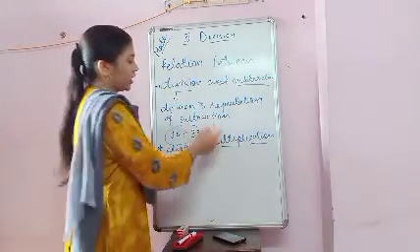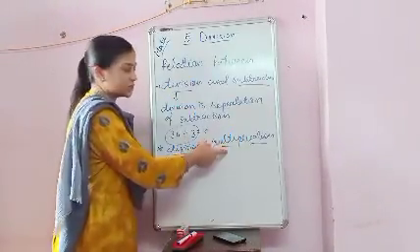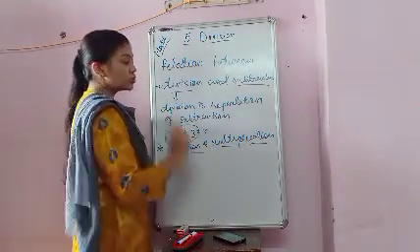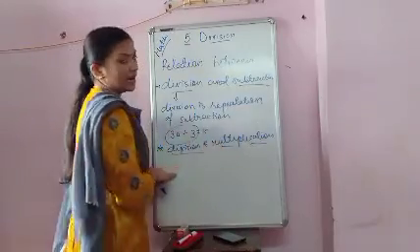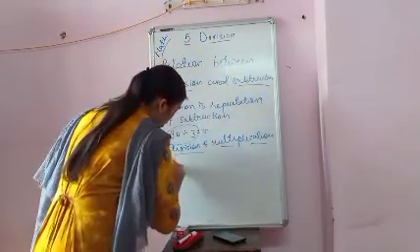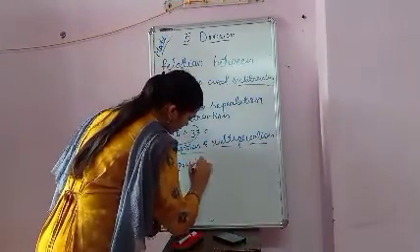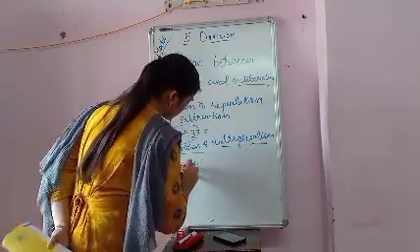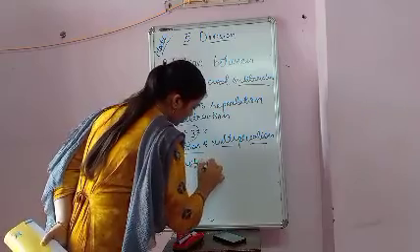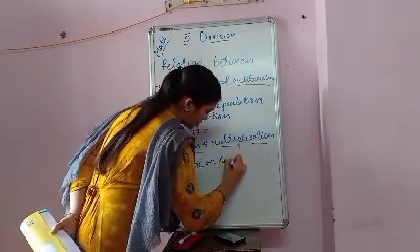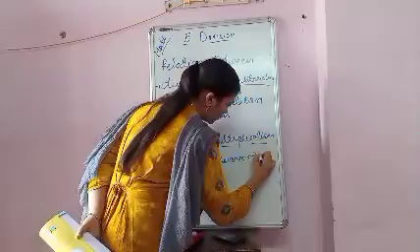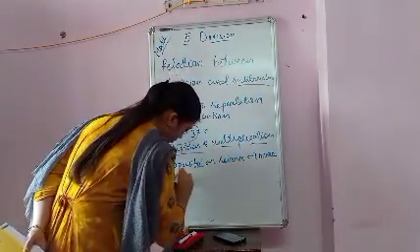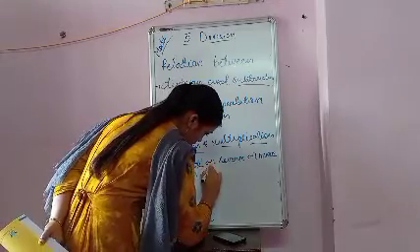Like that, as you know, multiplication is the repetition of addition and division is the repetition of subtraction. So multiplication and division both are opposite, or reverse, or inverse of each other.